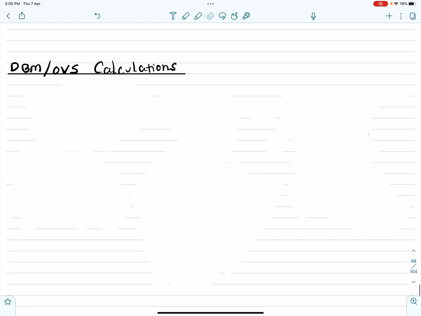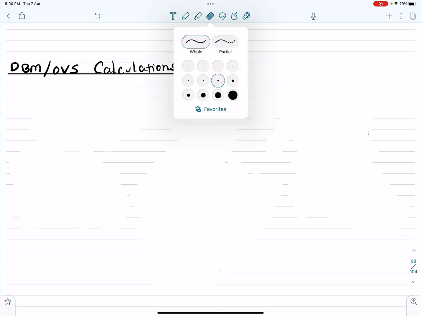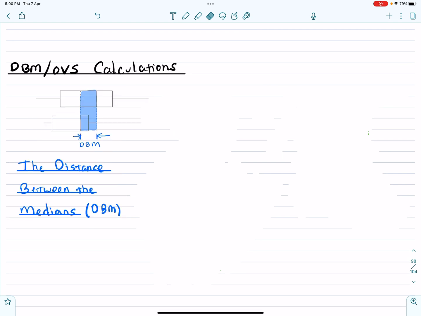We're looking at the distance between the medians and the overall visible spread. You take two box plots and you have their medians on display. That difference, as shown here in blue, is the difference between the medians. The closer they are, the smaller that number is, and the more likely the two groups are similar. The further apart they are, the bigger that number is, and the more likely the two groups are different.